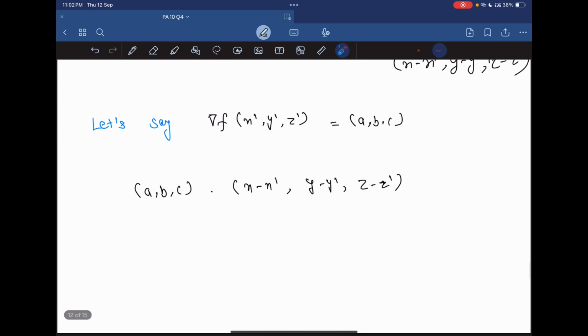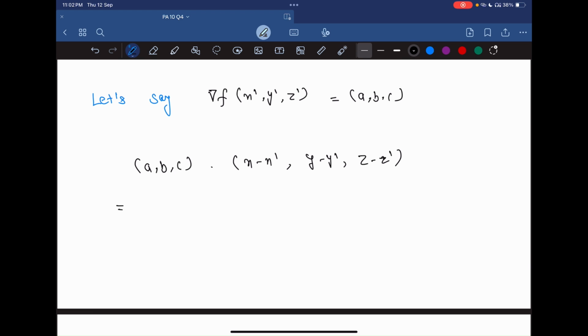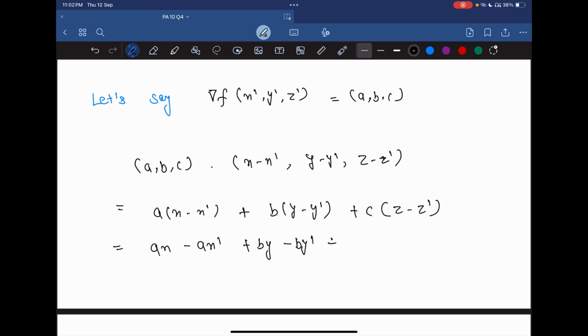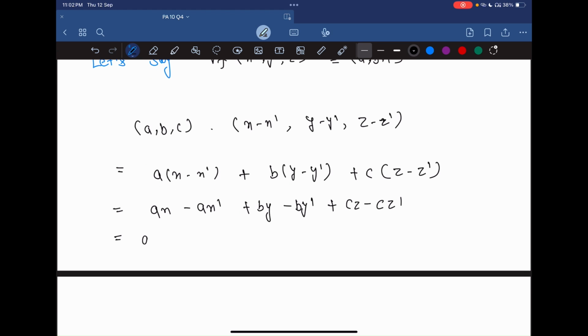So this is our linear approximation for the function, and on simplifying it, it is a times x minus x dash plus b times y minus y dash plus c times z minus z dash, that is ax minus ax dash plus by minus by dash plus cz minus cz dash, and that is ax plus by plus cz minus (ax dash plus by dash plus cz dash).